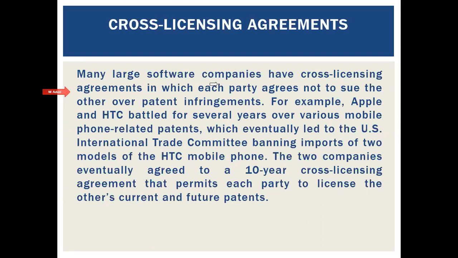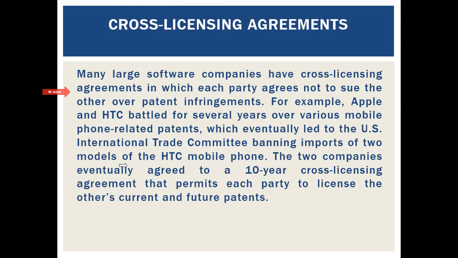For example, Apple and HTC battled for several years over mobile phone technology related patents, which eventually led the United States International Trade Commission to ban the import of two models of HTC mobile phones.